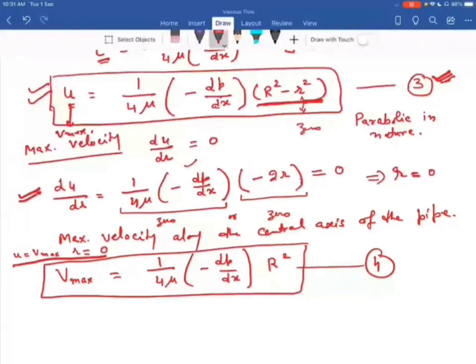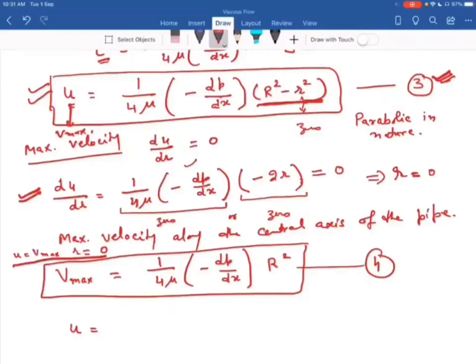Now, if you see equation number 3 and equation number 4 again, I can write u again in another form. You can see 1 upon 4 mu, minus dp by dx, into R square, this becomes Vmax as in equation number 4. So I can write equation 3 again as Vmax into 1 minus small r upon capital R, whole square.